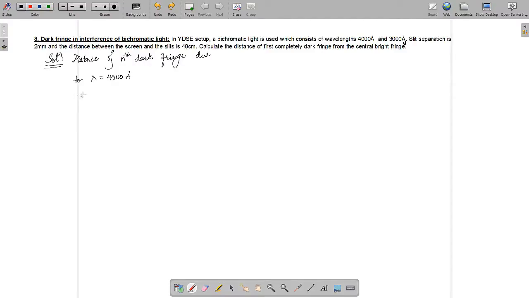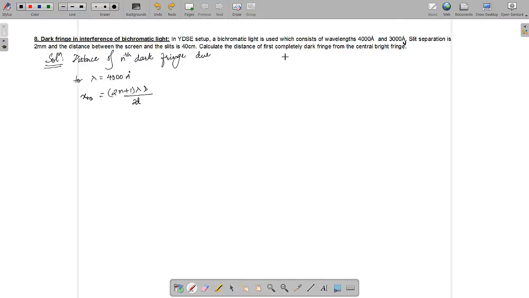Now the distance of the nth dark fringe, let's call it x_n dark, should be equal to (2n plus 1) lambda D by 2d. So that will be the distance of the nth dark fringe due to wavelength 4000 angstroms.